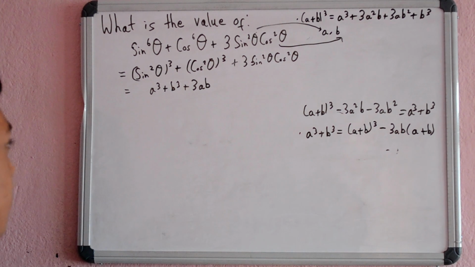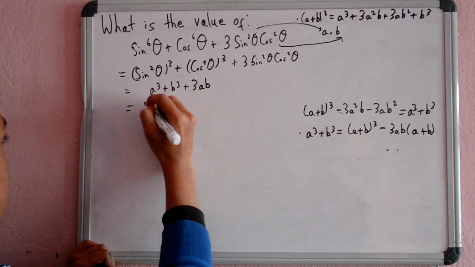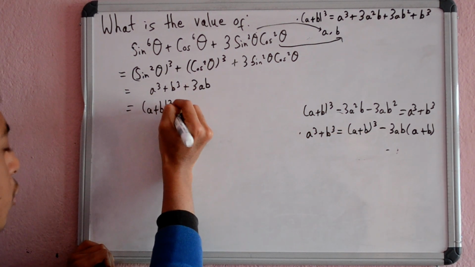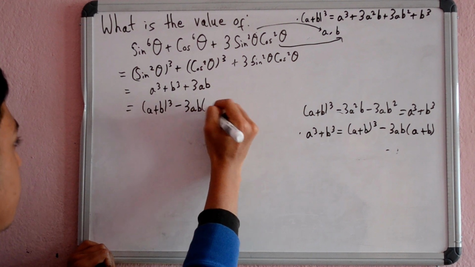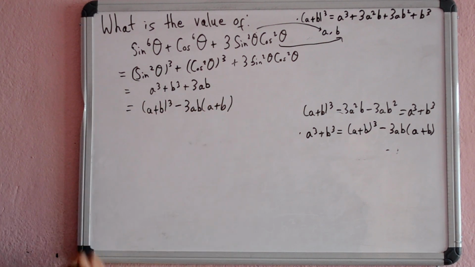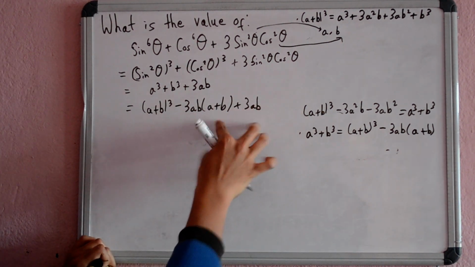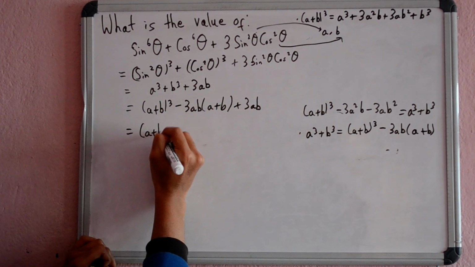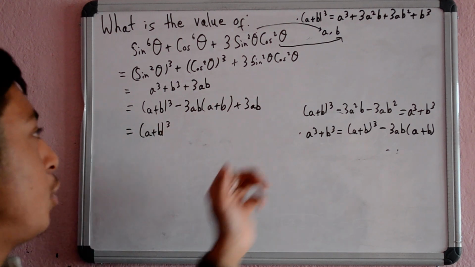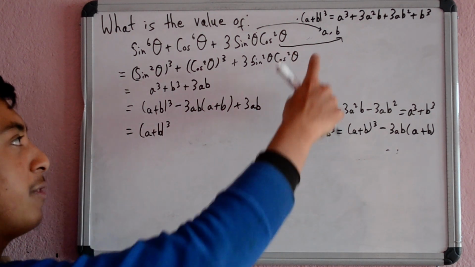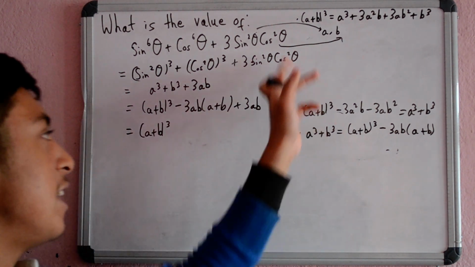Now, let's write the relation right here. A plus b whole cube minus 3ab into a plus b, plus 3ab. Again, you can take 3ab common, but I'll show you another way in which you don't even have to take a and b.